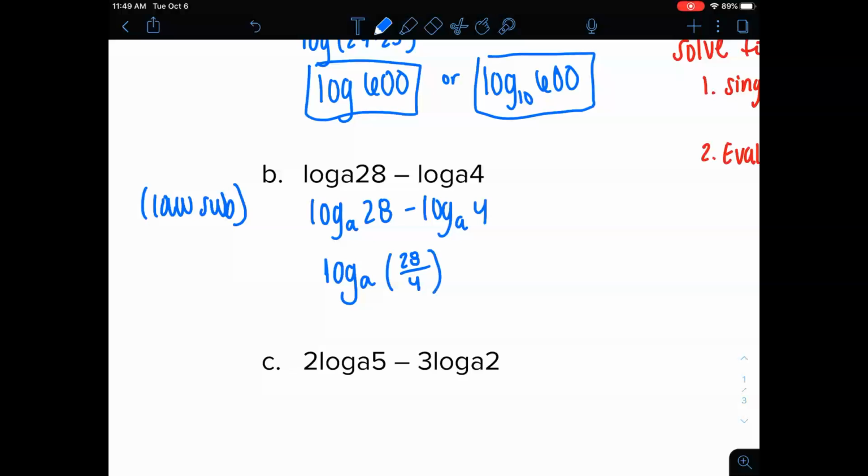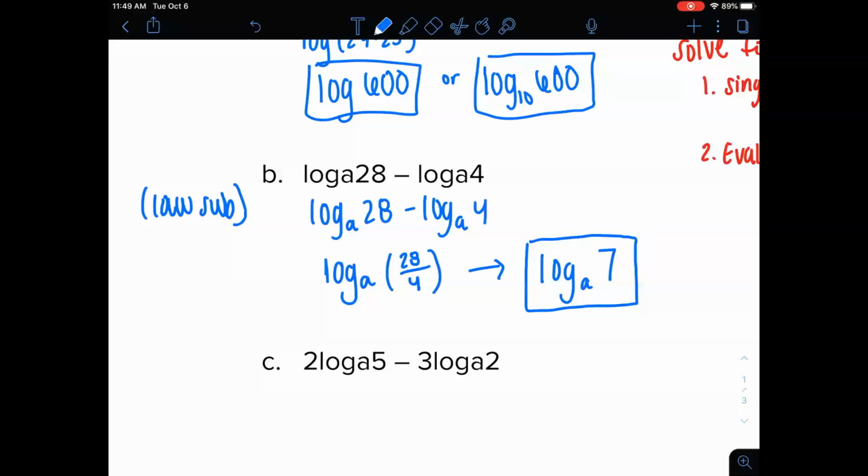Now, since 28 divided by 4 gives us a whole number, we're actually going to take this one step further and actually do 28 divided by 4, and that gives me 7.